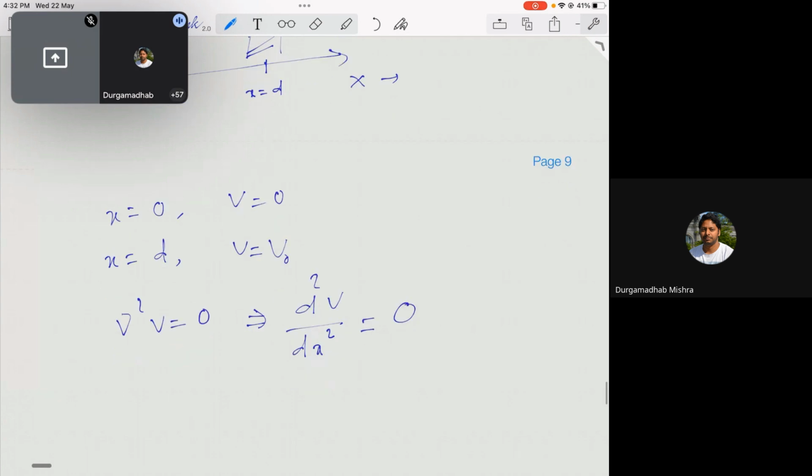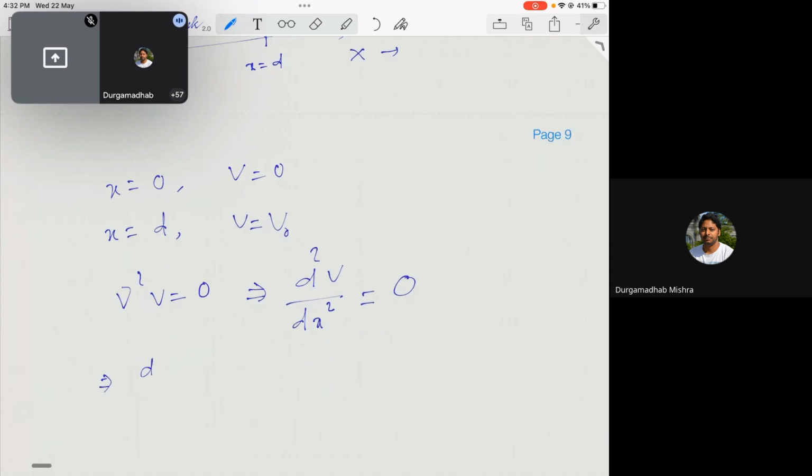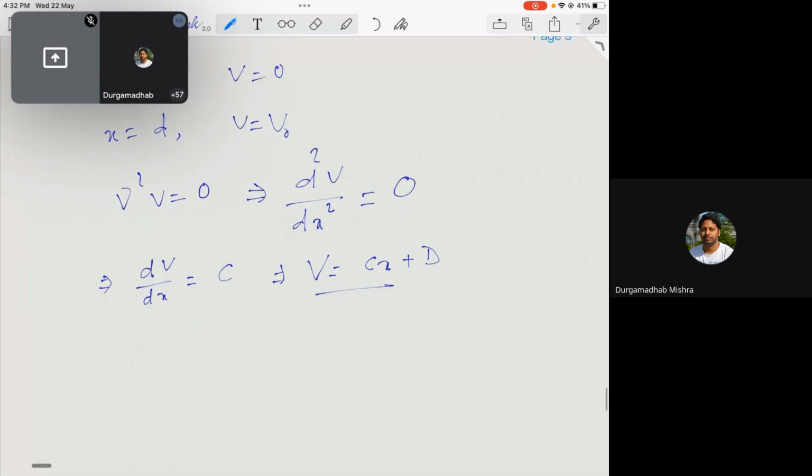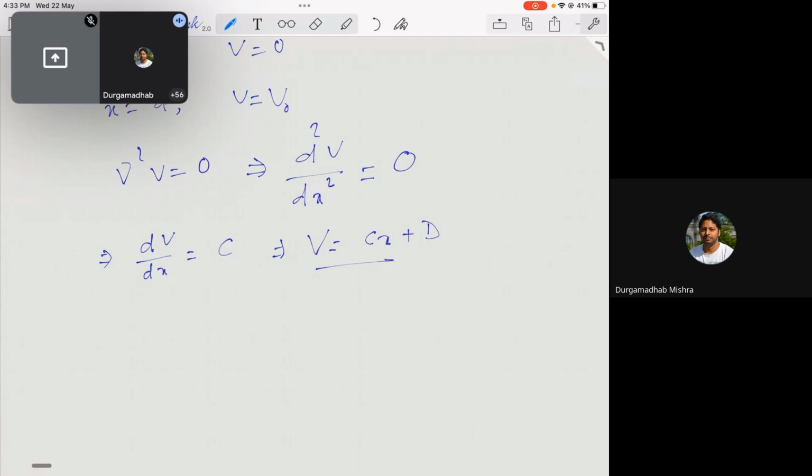In that case, dV by dx has to be a constant, and V will be equal to Cx plus D. That's simple integration, and this is what we have obtained for V. Now we will apply the boundary conditions so that we can find what these C and D are. C and D are arbitrary constants, so we don't know what they are actually.